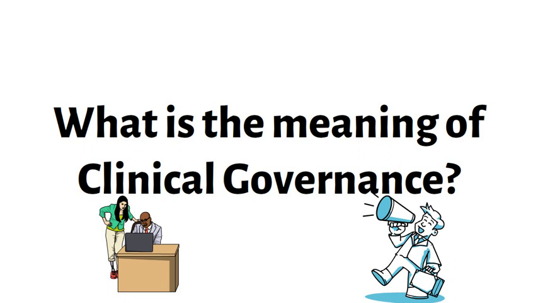There are three essential components of this activity. The patient should have a very high standard of care. Secondly, suppose there is any unexpected event or incident involved with patient care or not involved, then it is the responsibility of the organization to investigate, analyze, and to learn from it.